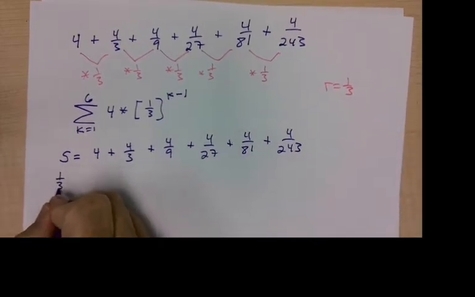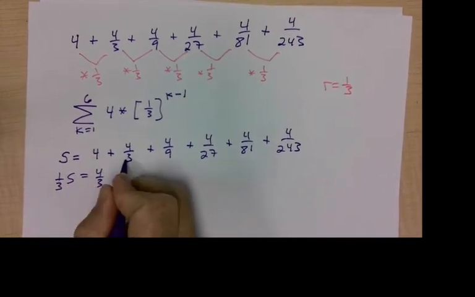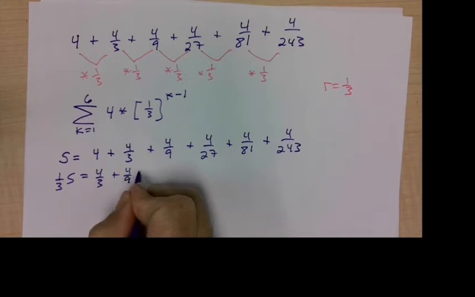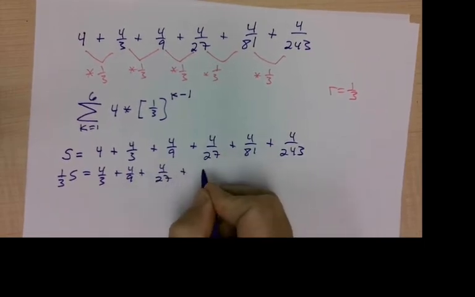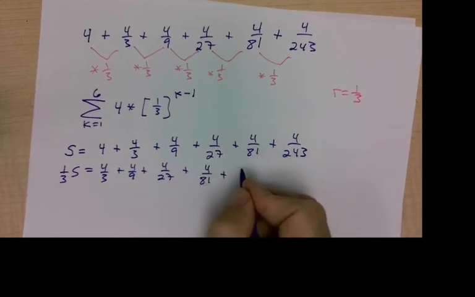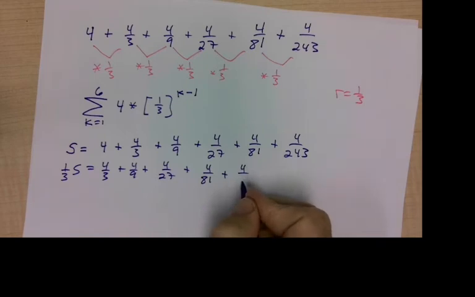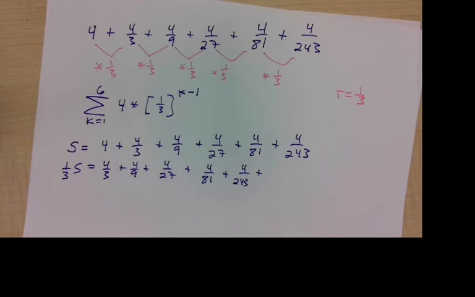So 1/3 of S is 1/3 of 4, which is 4/3. 1/3 of 4/3 is 4/9. 1/3 of 4/9 is 4/27. 1/3 of 4/27 is 4/81. 1/3 of 4/81 is 4/243. Plus 1/3 of 4/243 gives me 4/729.